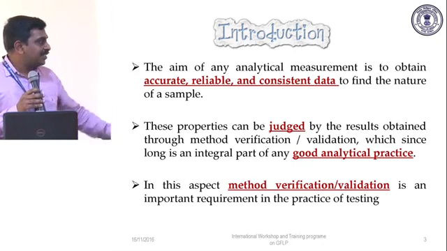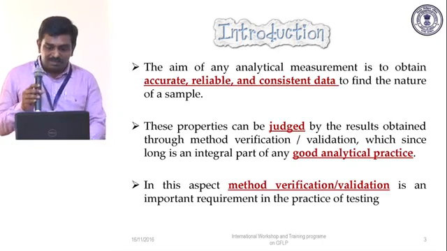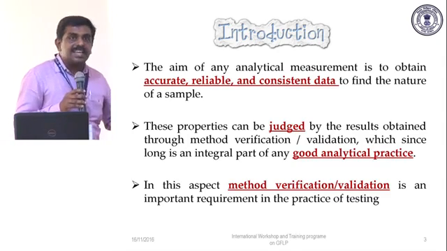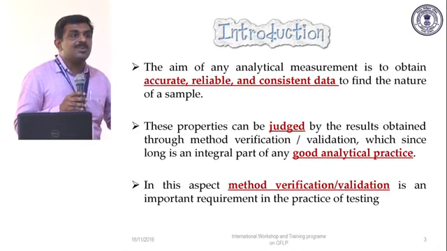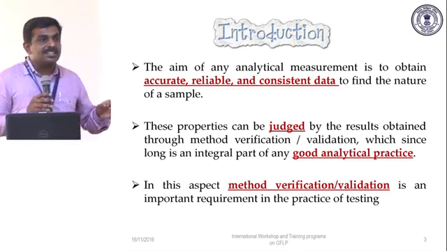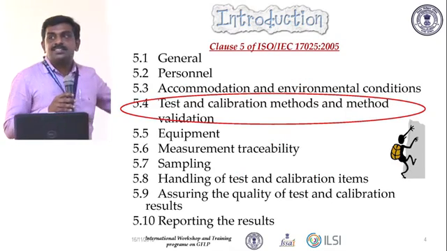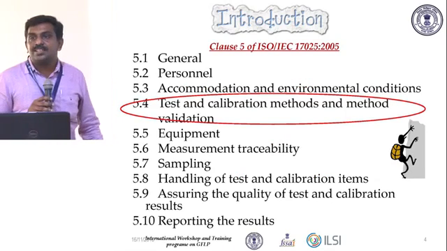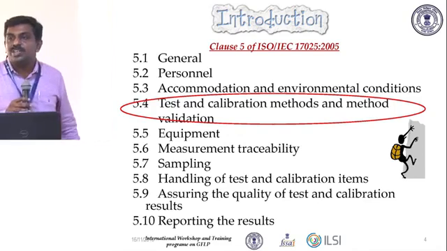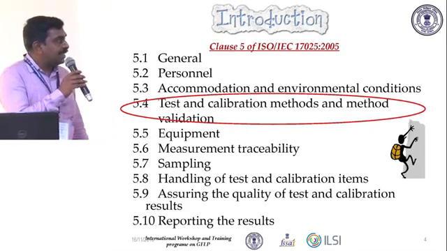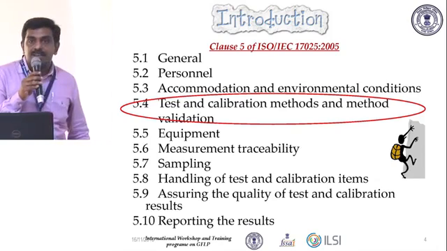In this aspect, it's an important requirement for any testing, because we can't waive any test in a laboratory; it either goes for a validation or a verification. Without that, it's difficult to survive presently. This is laid down clearly in the standard. I think almost all would have read ISO/IEC 17025, clause 5.4, which really addresses test and calibration methods and method validation.